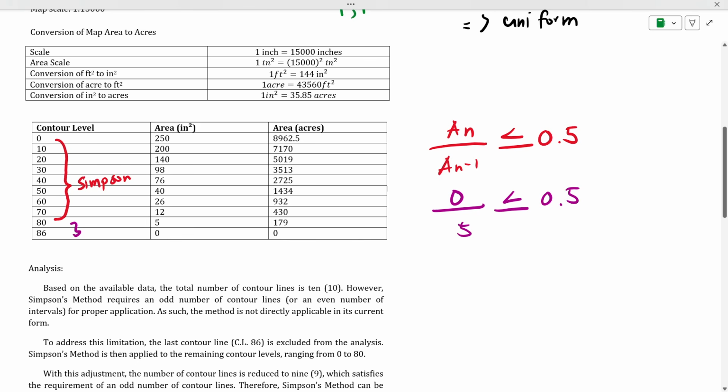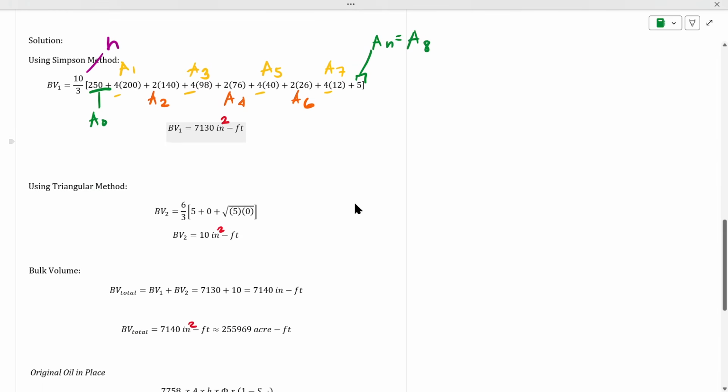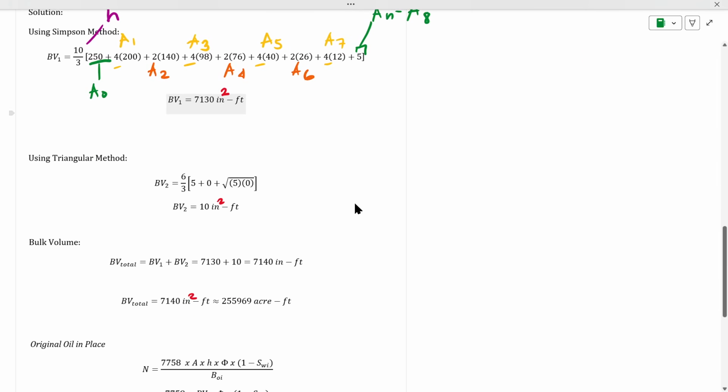It satisfies the condition. Therefore, for the final interval, we will be using the pyramid method. And this will be the solution. The calculated volume for this final interval is 10 inches squared feet.